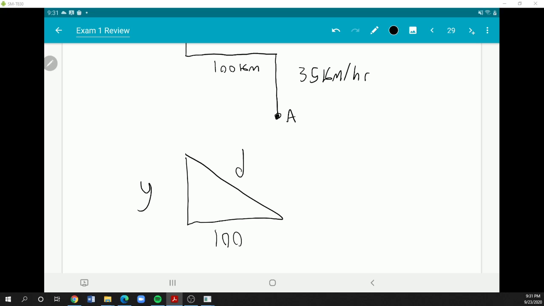So if we think about it for a second, y should be equal to 60 times t, right? Because if one's sailing down at 35 kilometers per hour, the other one's sailing up at 25 kilometers per hour, then I should just add those together.